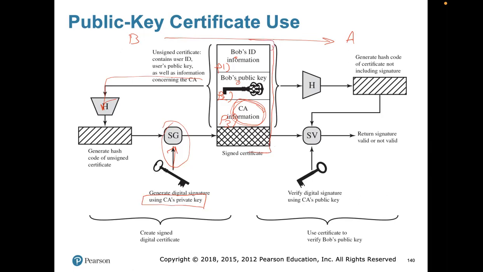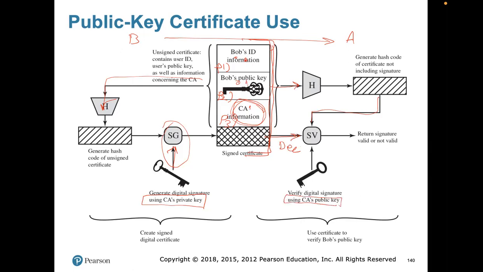Alice receives the whole package, and Alice starts double checking. These three portions are plain text. Alice again generates the hash function. This is the hash digest. The hash digest is compared with the hash portion, which is decrypted using the CA's public key.